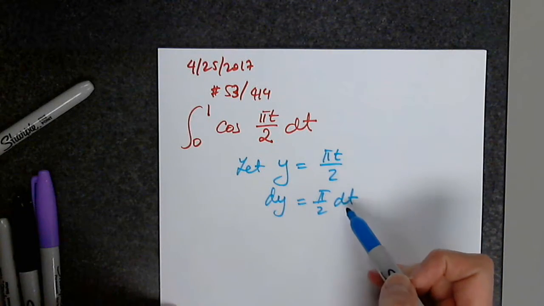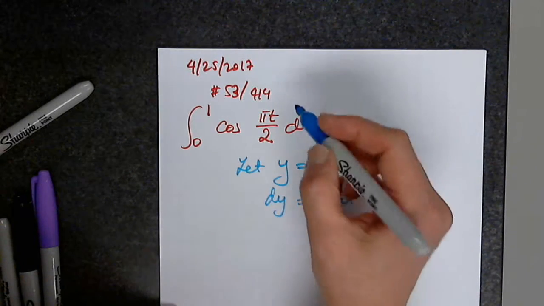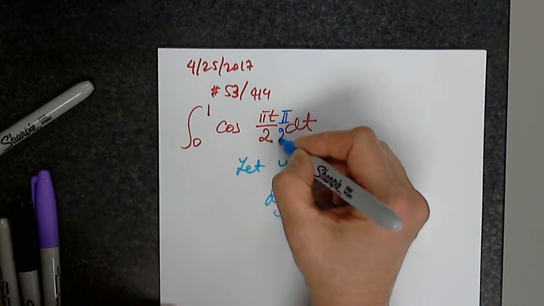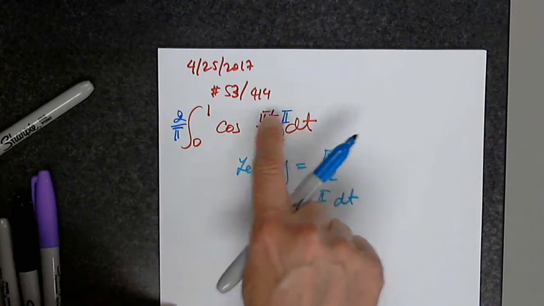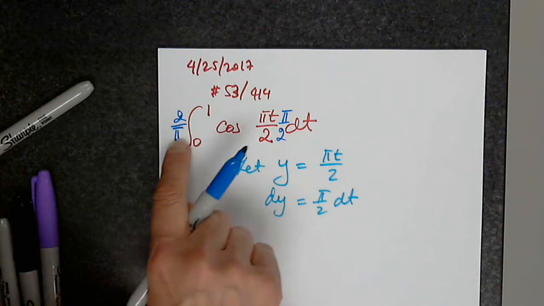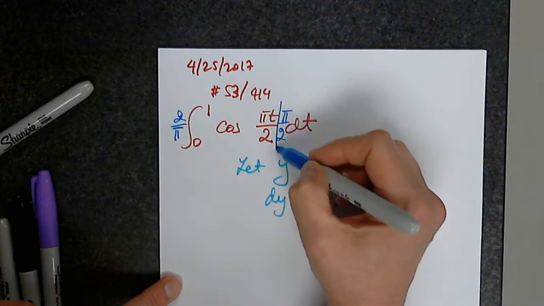So obviously I do have the dt, but I don't have the pi over 2. I'm going to put it in there, pi over 2, and then 2 over pi in front. Pi and pi will go away, it's 1, and 2 will go away, and it's 1. However, now this becomes dy.